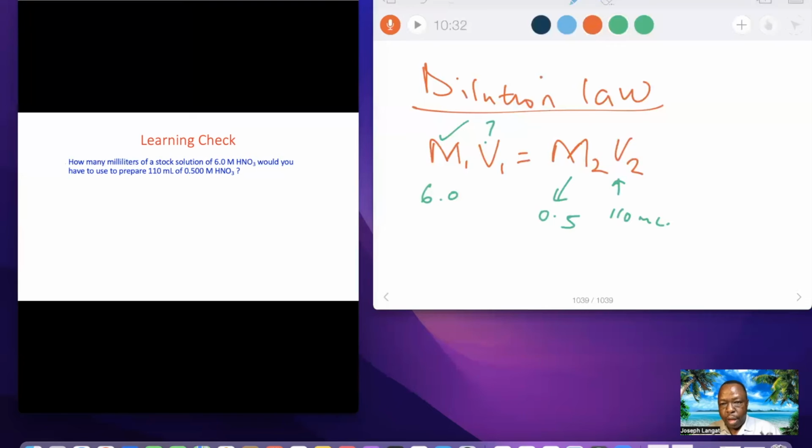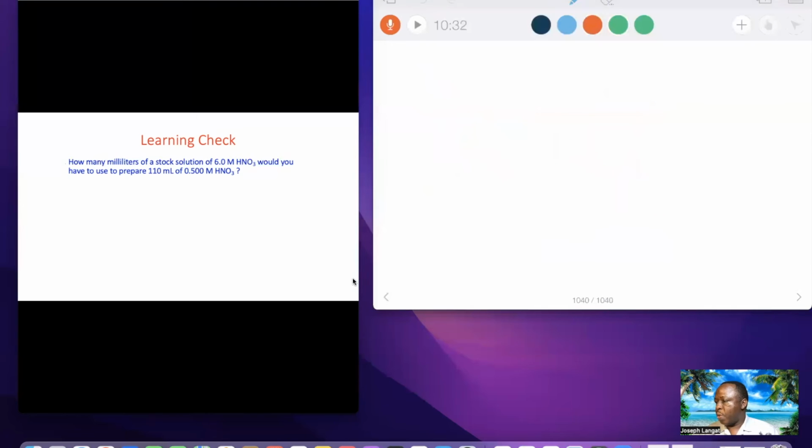Yours is to rearrange the equation. If you look at the identities I have here, 1, 2, 3, 4, you have to rearrange in such a way that you know what you are looking for. For example, M1 is given by M2 V2 over V1. This is equation 1.